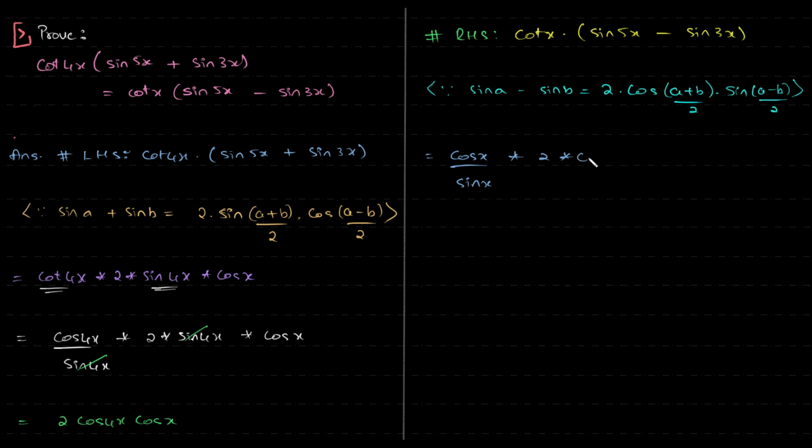Now first is cos of (5x plus 3x) by 2 is 4x into sine of (5x minus 3x) is 2x by 2 is x. Since we already knew the pattern, I wrote it in this manner. I saved a step. So this is 2 times of cos of 4x and cos of x. Clearly we have this to be equal to our LHS, and we have the proof. That's it.